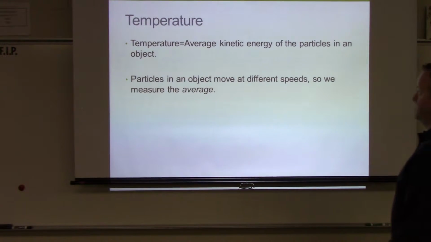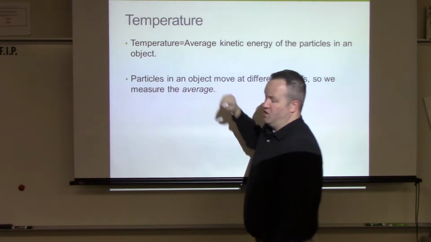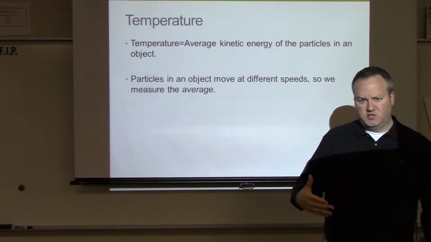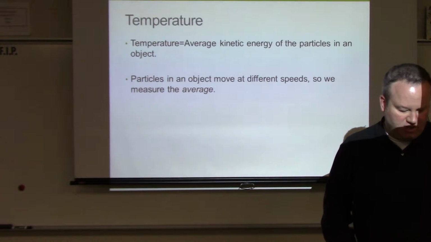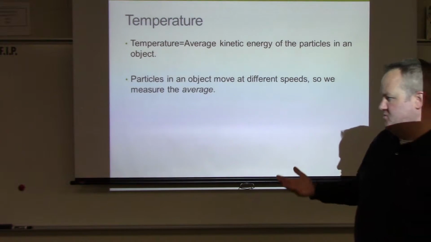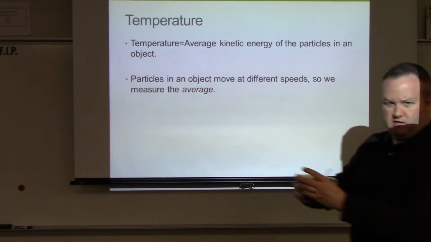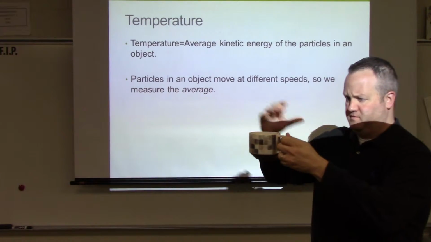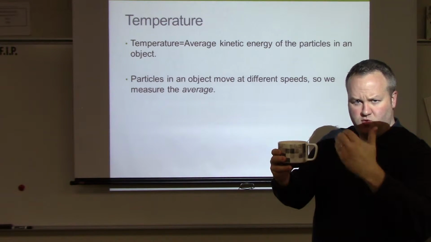So a term that we use a lot is temperature. When you see the term temperature, what you need to think about is that temperature is the average kinetic energy of the particles in an object. So any object, if you were to hold, let's say, this cup of hot chocolate, the particles that make up the hot chocolate inside are moving.